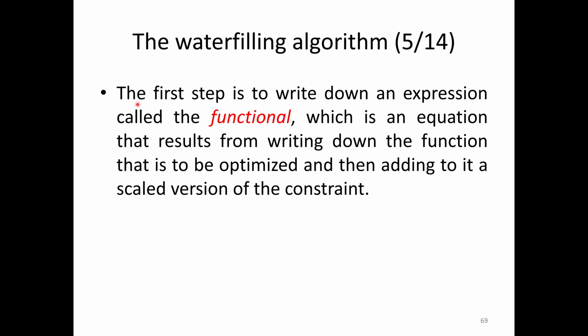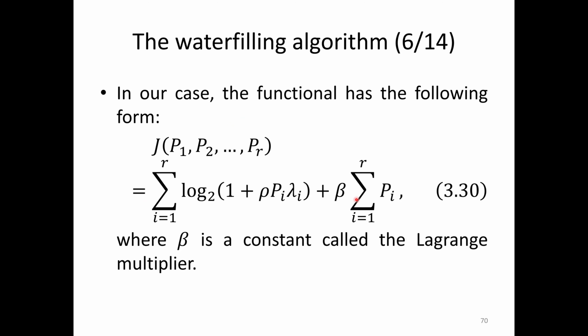The first step is to write down an expression called the functional, which is an equation that results from writing down the function that is to be optimized and then adding to it a scaled version of the constraint.